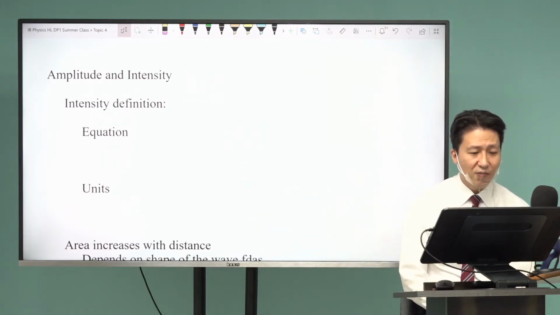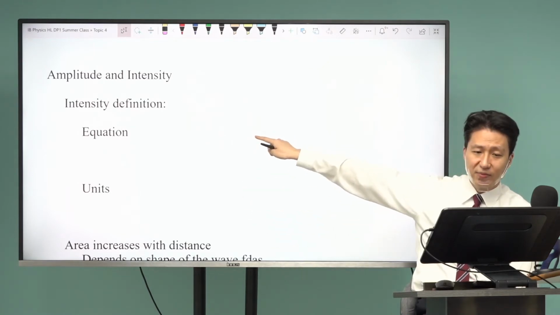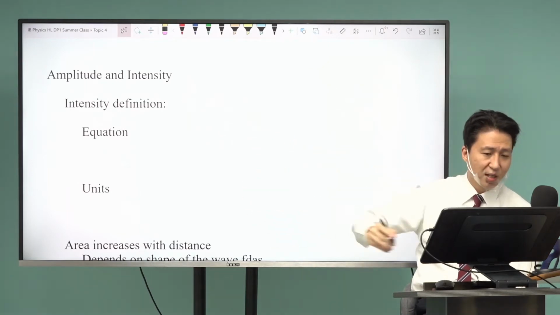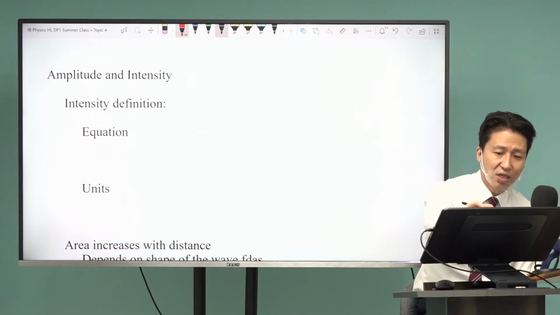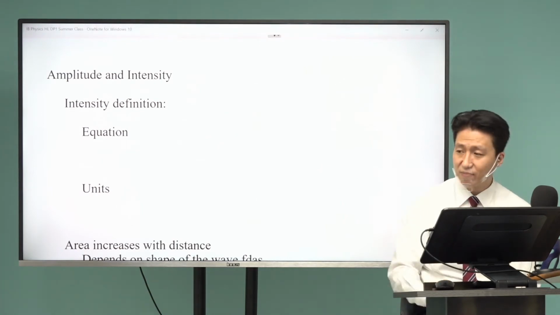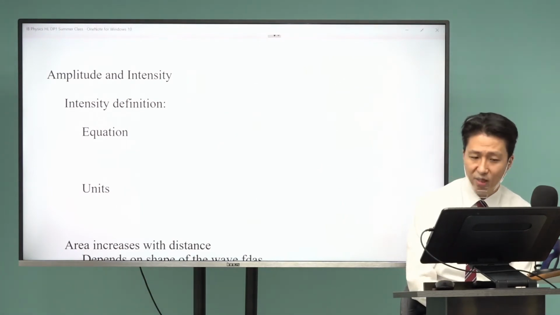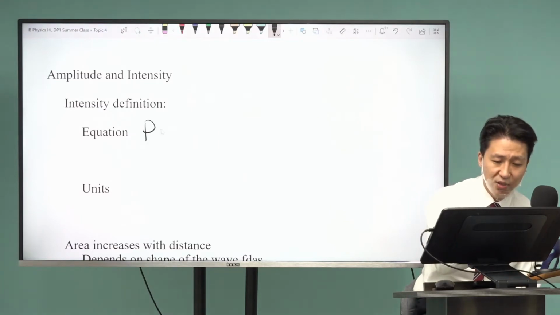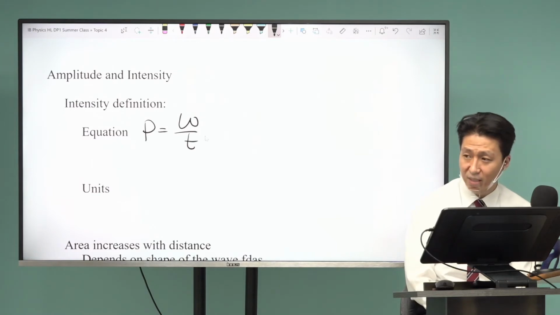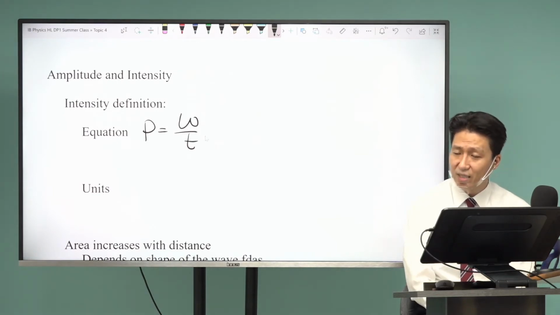So first, we're gonna define intensity here. And you have to listen carefully because previously we had only defined power, right? We defined power as equal to the work divided by the time. So what is intensity?